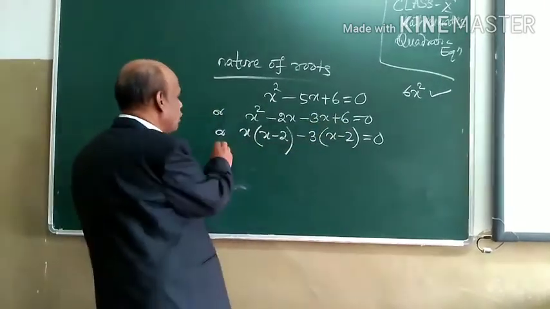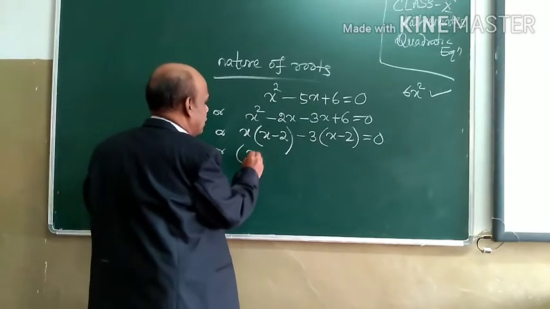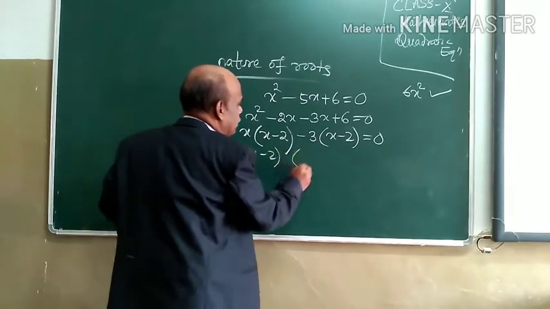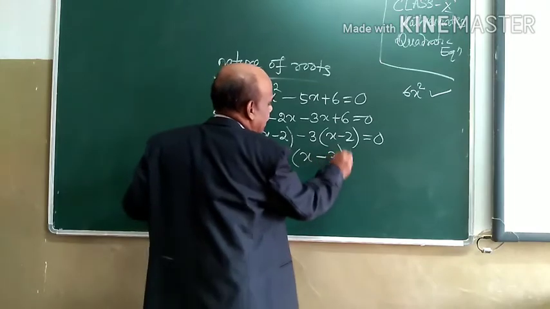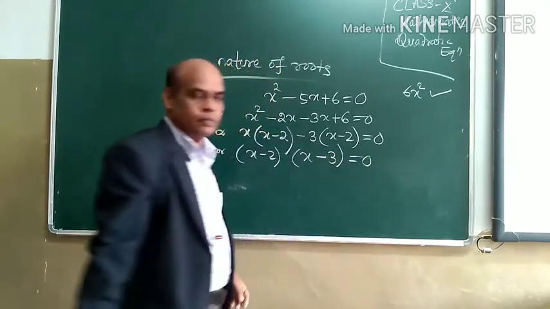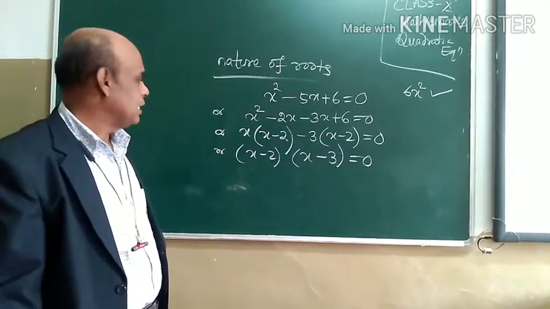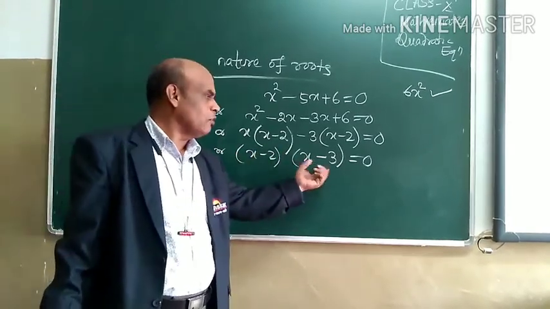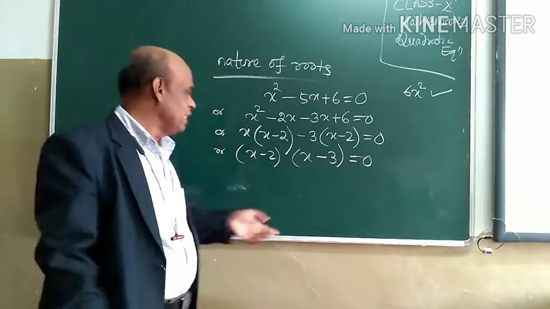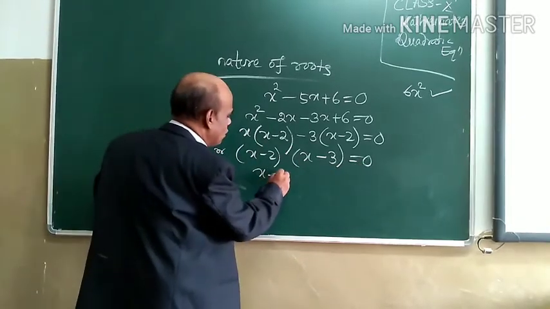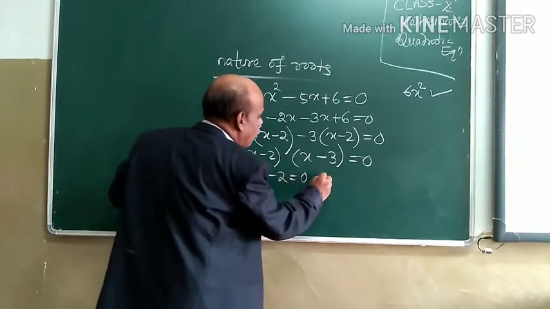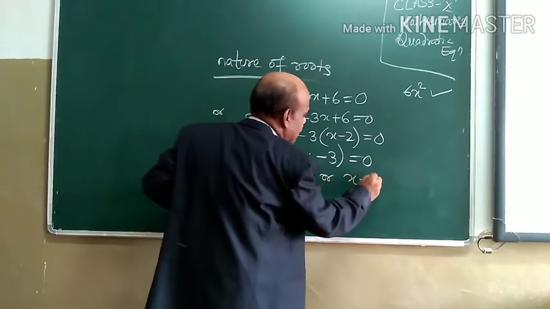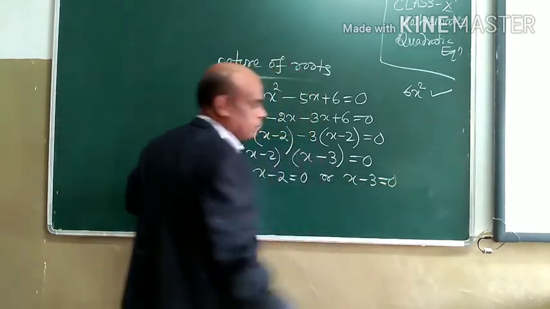So what we got? Finally we got x minus 2 into x minus 3 is equal to 0. So what it means? Now it means first term into second term is equal to 0. It means x minus 2 is equal to 0 or x minus 3 is equal to 0.